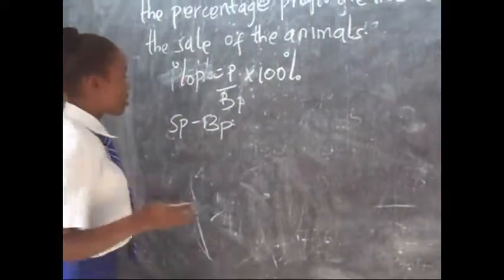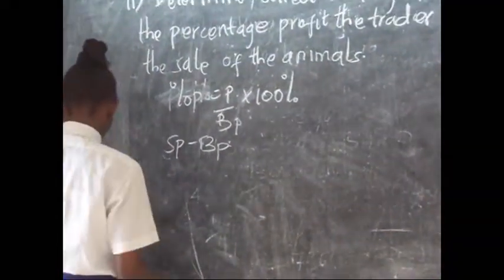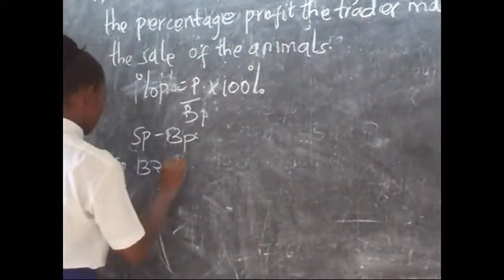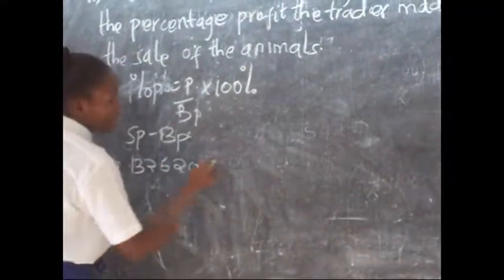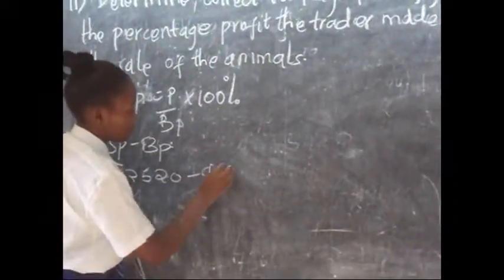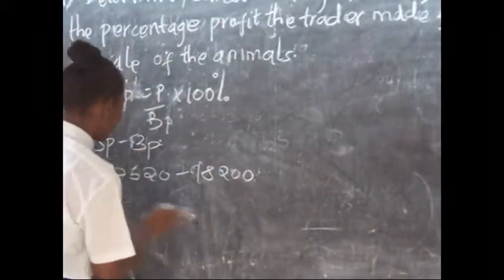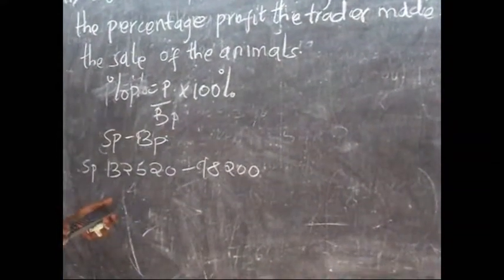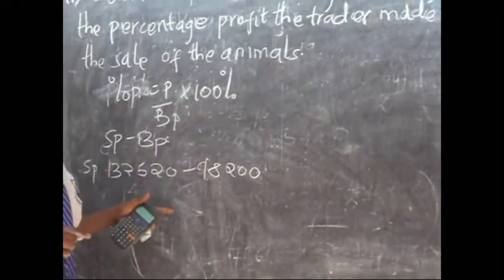The selling price was 132,520 and the initial buying price was 98,200. We are going to subtract this for us to get the profit.